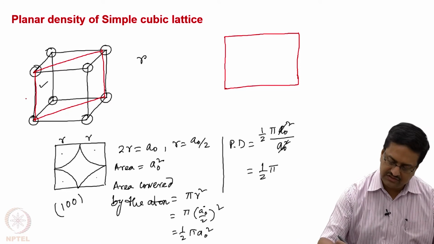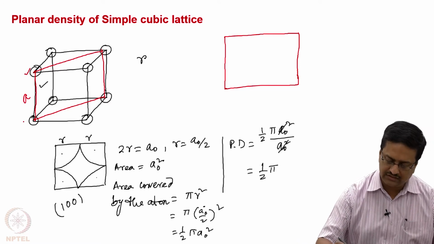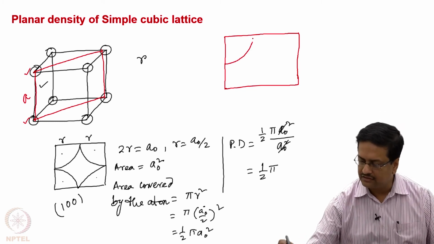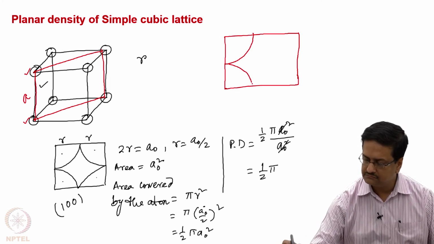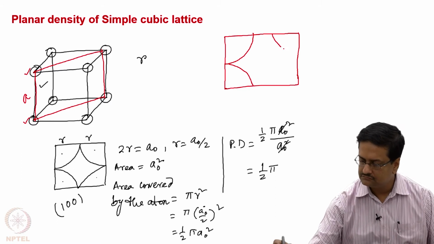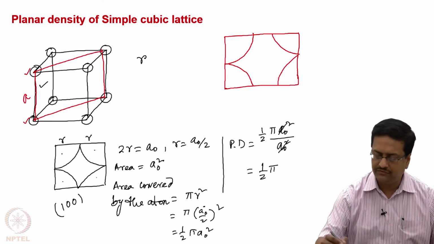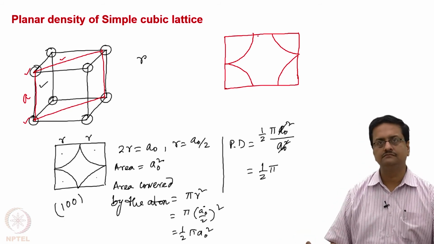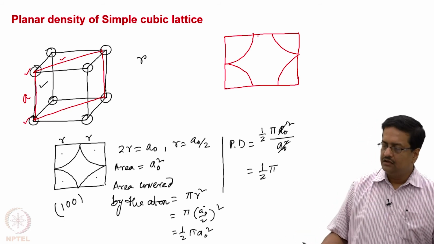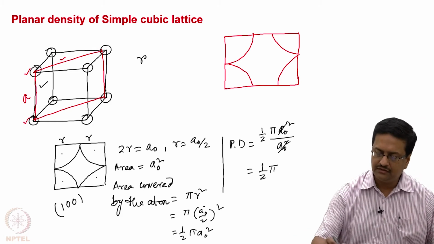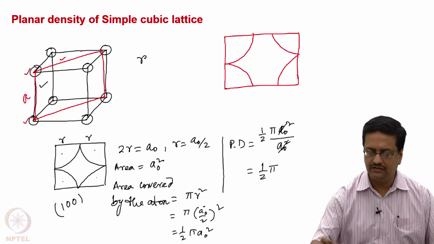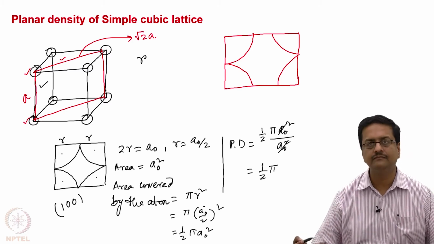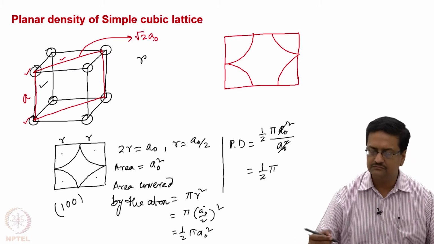Along this edge, which is a, these two atoms are going to touch each other. So we write it like this. But along the face diagonal they don't touch, so there is a gap. Now, what is the length of the face diagonal? The length of the face diagonal is root 2 a, or rather root 2 a0.